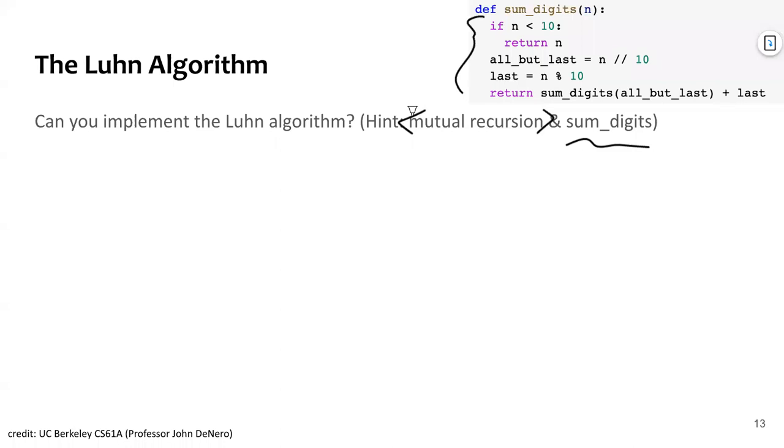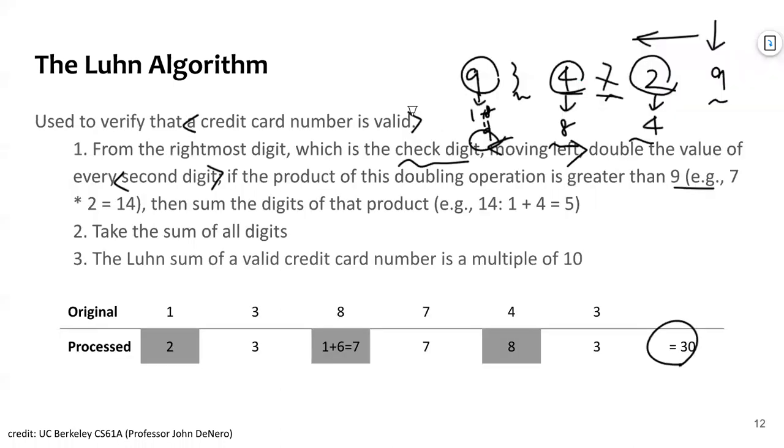One hint is you need to process even position numbers differently from odd position numbers.